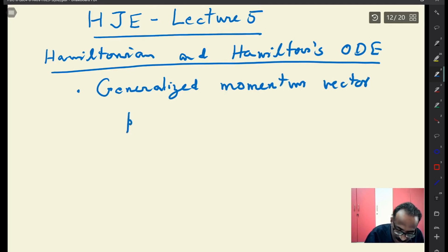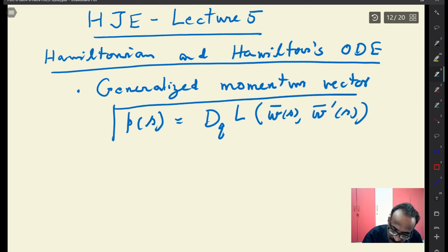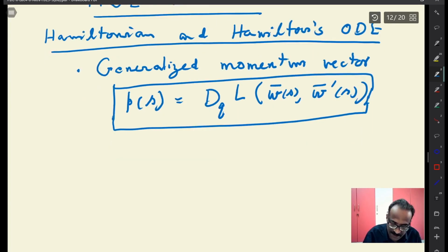P of s is equal to, using the standard notation like in classical mechanics, d_q of L evaluated at the optimal solution. W bar is your optimal solution. So we are again assuming W bar prime of s. This is your generalized momentum vector. Why is it called a generalized momentum vector?